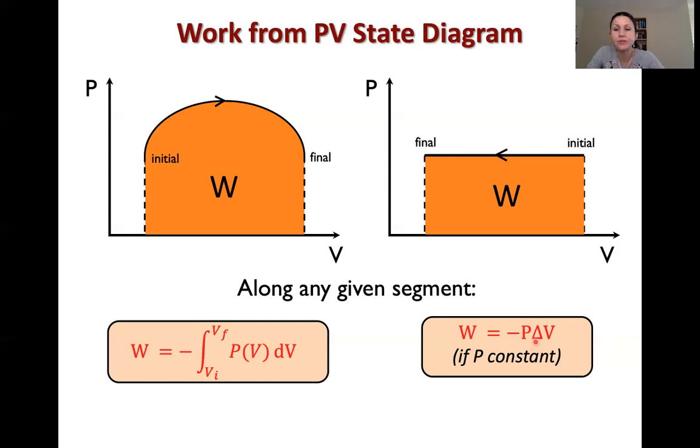But you see, it is also proportional to pressure. So what's that telling you? That if you're trying to do work on a system which has higher pressure, it would require more work to have that same change in volume. Intuitively, think about your bike tire.